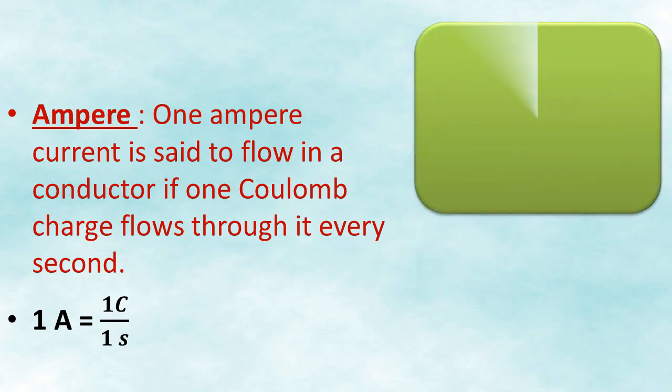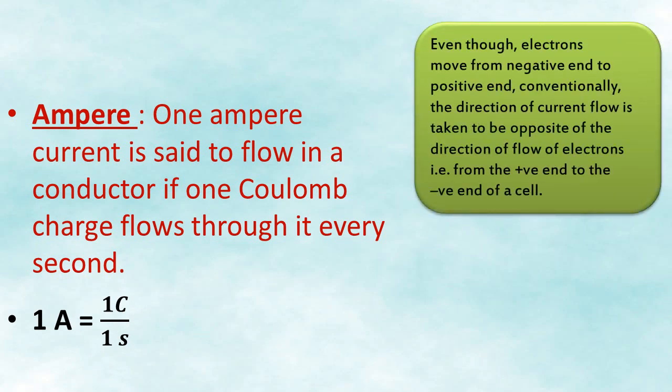And student, remember this: even though the electrons move from the negative to the positive terminal, that is from lower potential to higher potential, conventionally the direction of current flow is taken opposite to the direction of flow of electrons. That means from the positive end to the negative end of a cell.